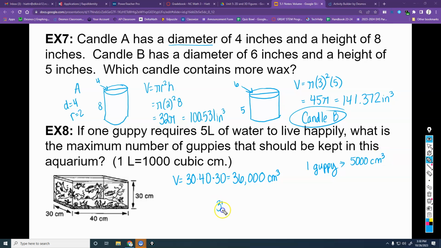So if we take 36,000 and divide it by the 5,000 cubic centimeters needed by every guppy, we are going to get 7.2. Of course, we can't have a 0.2 of a guppy, so we would say 7 guppies.